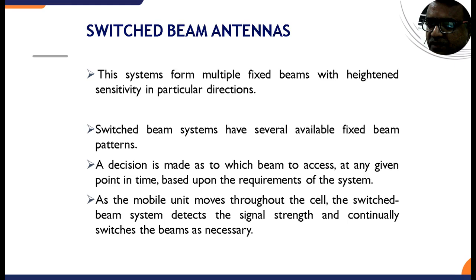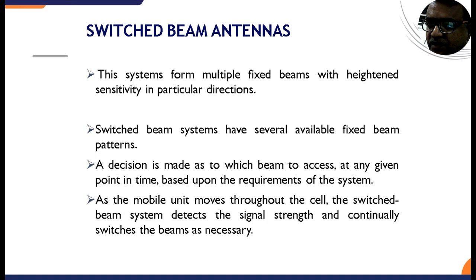First we see the switched beam antennas. The switched beam forms multiple fixed beams with heightened sensitivity in particular directions. The switched beam systems have several available fixed beam patterns. A decision is made as to which beam to access at a given point of time, based upon the requirements of the system.